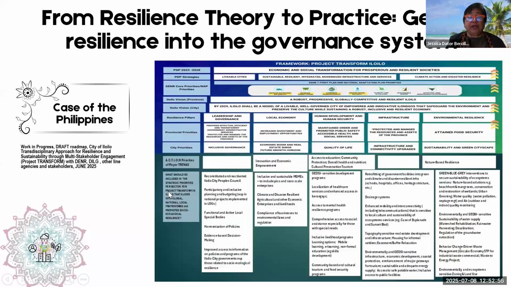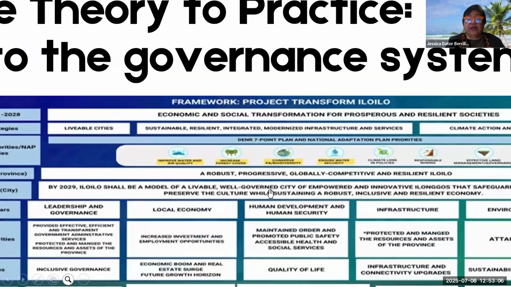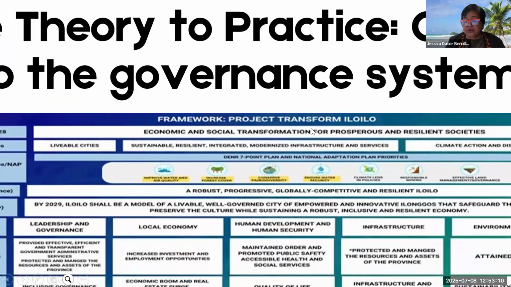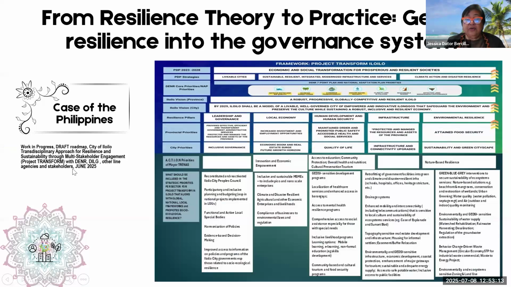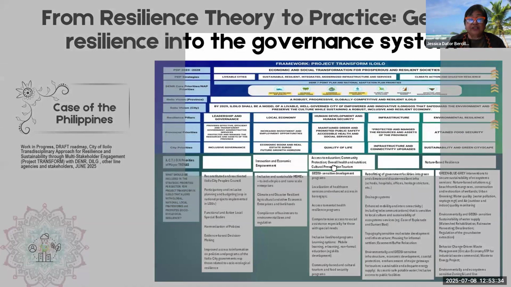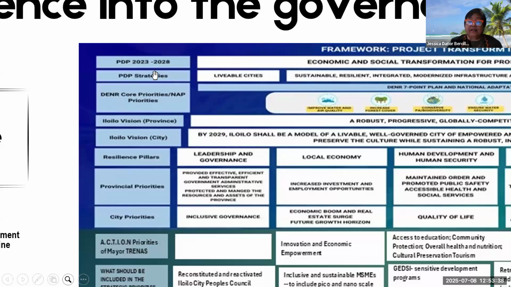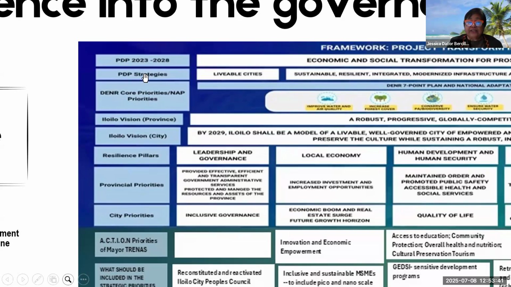Now, another example that I wish to show you is the case of Iloilo City. Iloilo City is a coastal city, and together with the Department of Environment and Natural Resources and the Department of Interior and Local Government, they became part of Project Transform. Mayor Coro is here. Their province is also a part of the transdisciplinary approach for resilience and sustainability through multi-stakeholder engagement. But the difference is that in the case of Project Transform, it makes sure that there's an alignment between international frameworks, national policies, and down to the local government priorities.